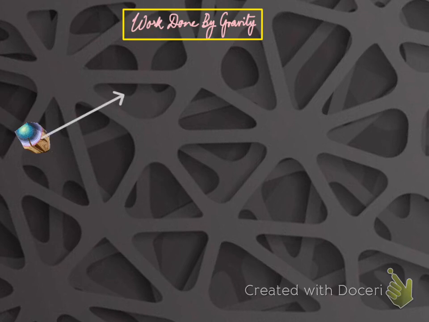So we start the painted block and we move it to this new position. So what are the forces that are acting on this block? Well, ignoring air resistance, the only force acting on this block is Fg.